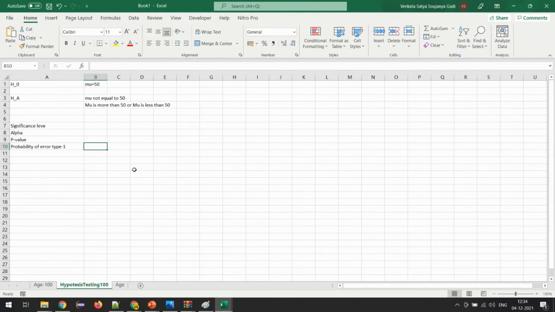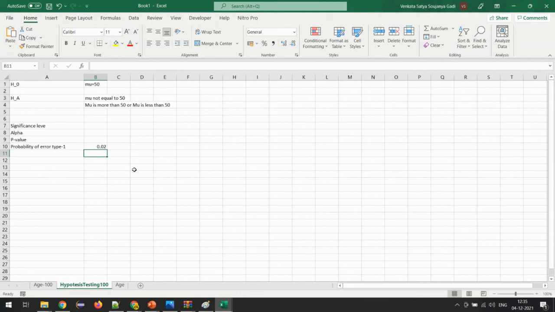I didn't want to use 10 because if you halve the 10 it is going to be 5 and 5, and that is going to look the same as before, right? So I don't want to make it look the same. So I'll change to some other number. So let us say you want a 98% confidence, or you want to say 2% of error. So you want only 2%. So 2% is 0.02, right?